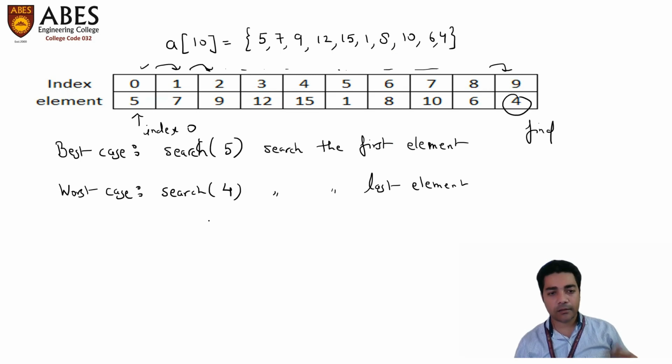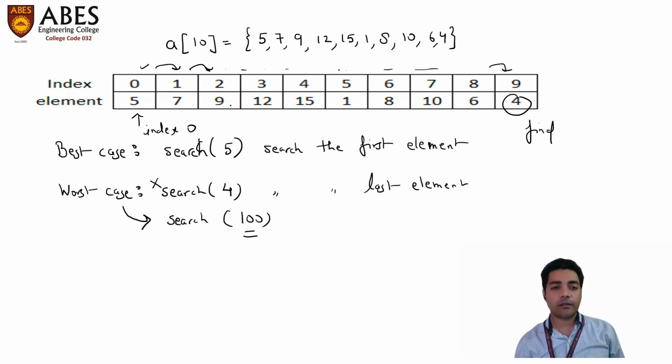In this case, I'm going to define the worst case more precisely. This is also not the worst case. Why? Let me search for the number 100 in this array.